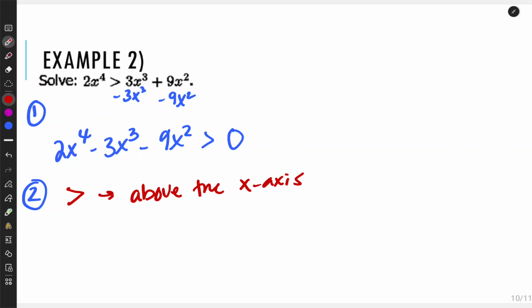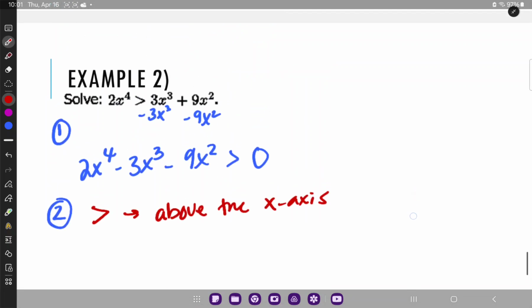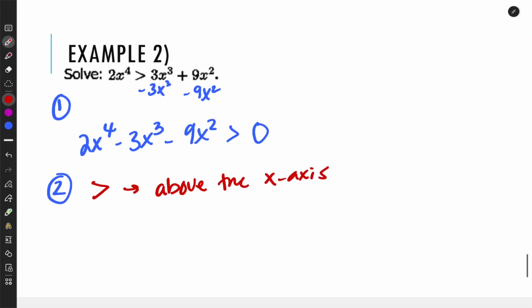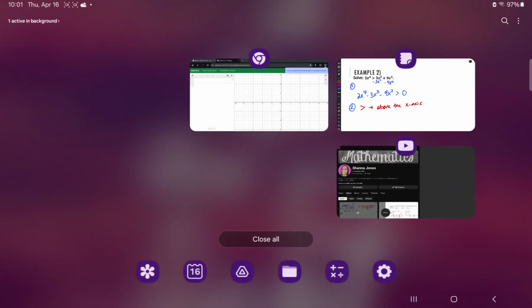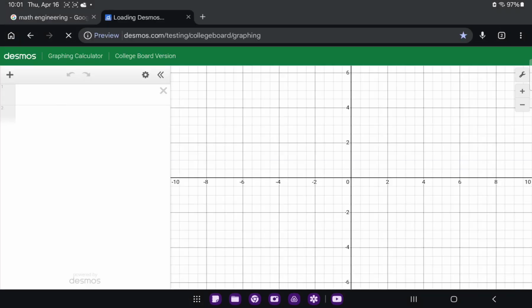2x to the fourth minus 3x to the third minus 9x squared. And hopefully I remember this as I proceed to go to Desmos. We're going to see if I do. All right. So here's our Desmos. It's going to open.